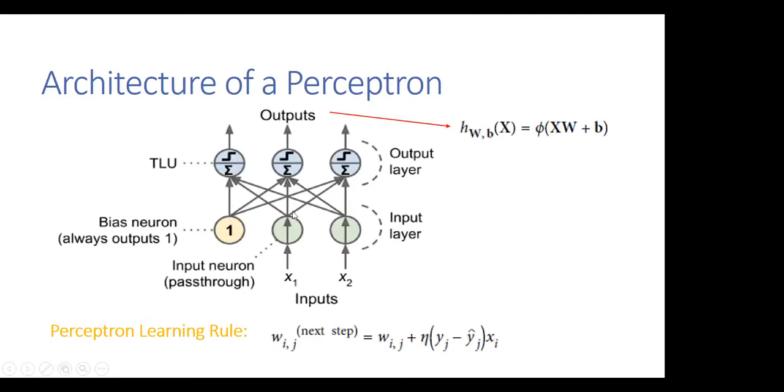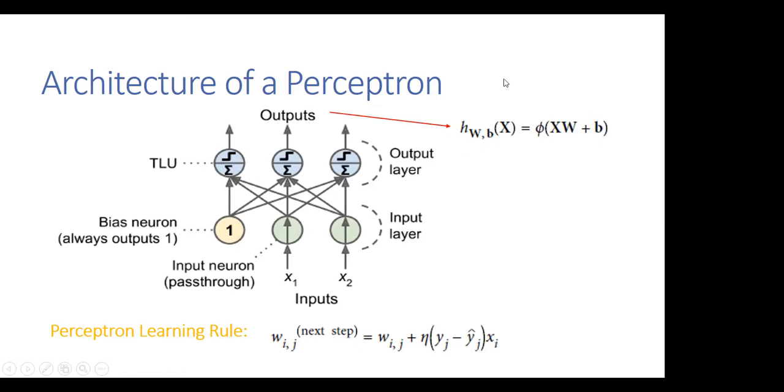This is the architecture of a perceptron. As you can see, here we have two inputs, and each input passes through a neuron called an input neuron, and it has a bias neuron here, which always outputs 1. And we have an output layer here, which will compute the weighted sum of the input and then apply a step function or sign function on the output.